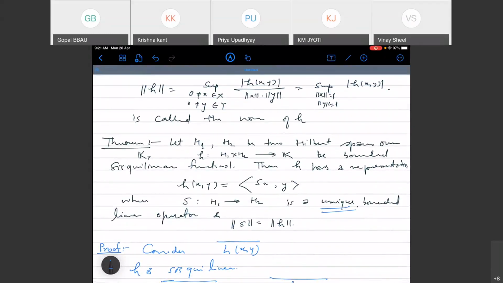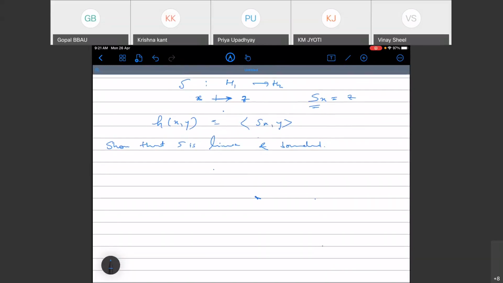And one more thing, it is unique. You will easily prove that this s is linear. There is nothing hard in proving s is linear and s is bounded. You will do it on your own.